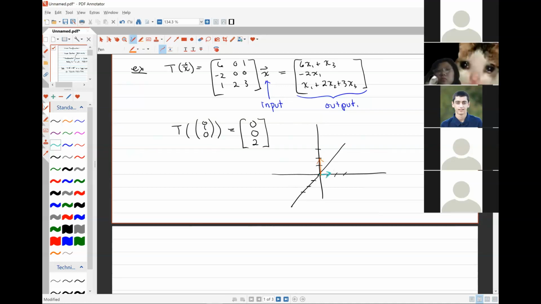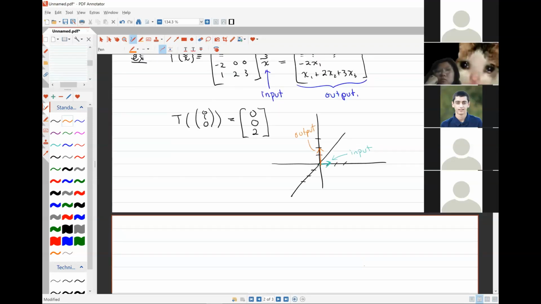So this was the input vector, and this is the output vector. And maybe you can see why it's useful to think of this as a dynamic process, because we can't just plot this as a curve on the plane. These are three-dimensional vectors mapping to other three-dimensional vectors.